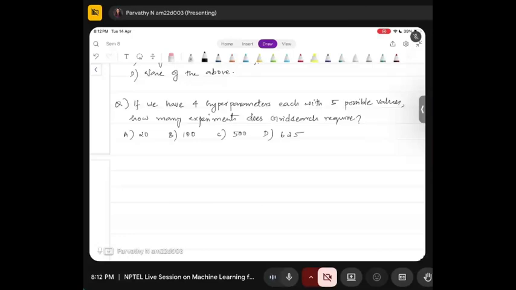So if we have four hyperparameters, each with five possible values, how many experiments does the grid search require? 20, 100, 500, 600.